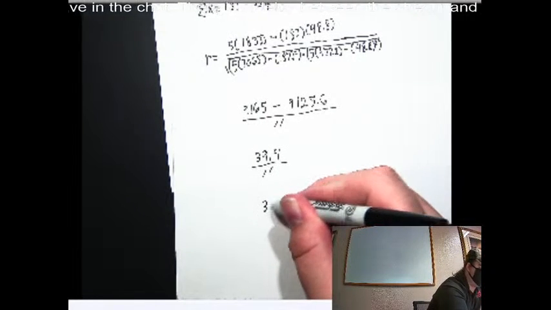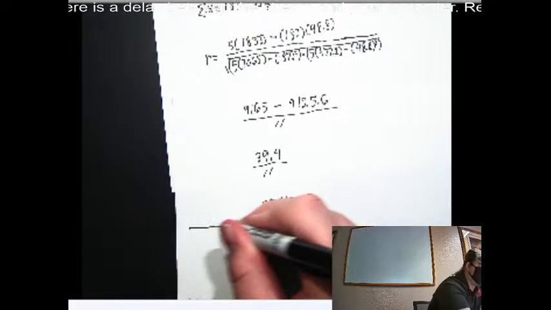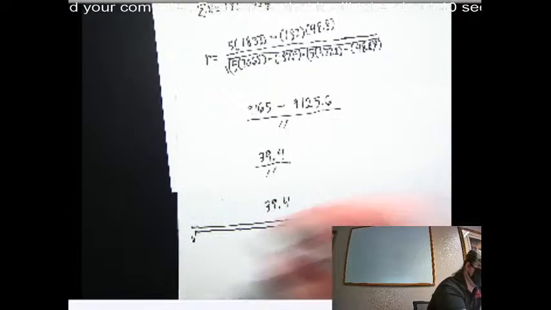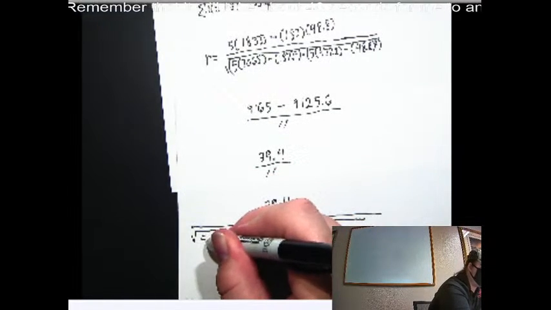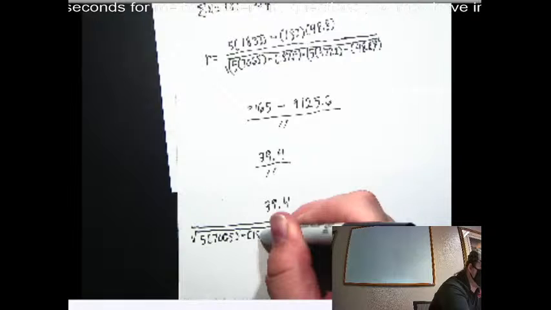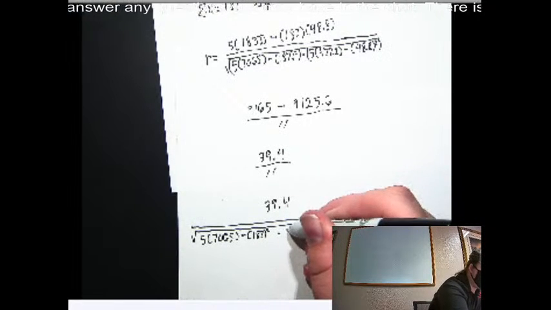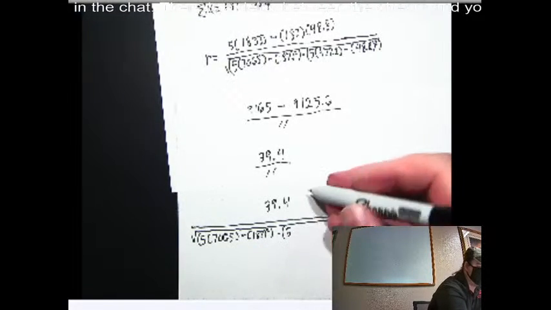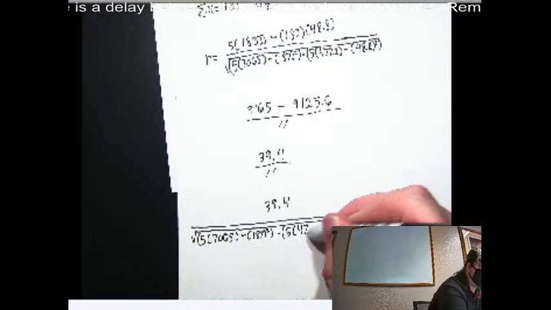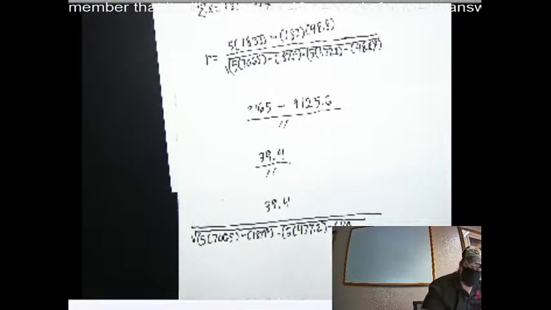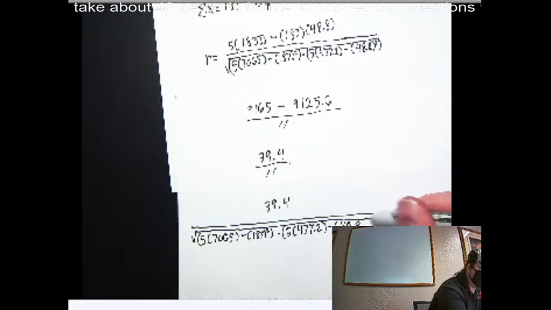So we have 39.4, and it's over the big square root of 5 times 7,065 minus 187 squared times 5, and I should put these in parentheses, times 477.2 minus 48.8 squared.